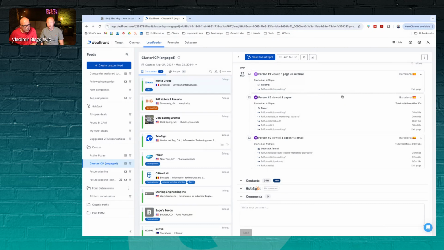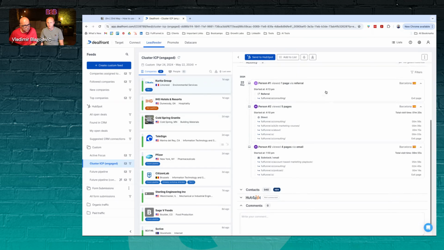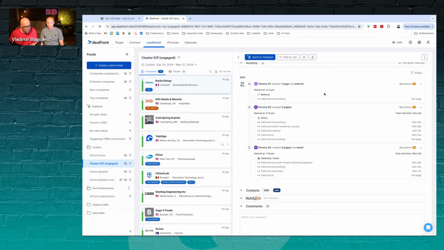And then the next set of data we are going to look at is the level of engagement. We see one person from Barcelona who was checking quite a lot of pages.